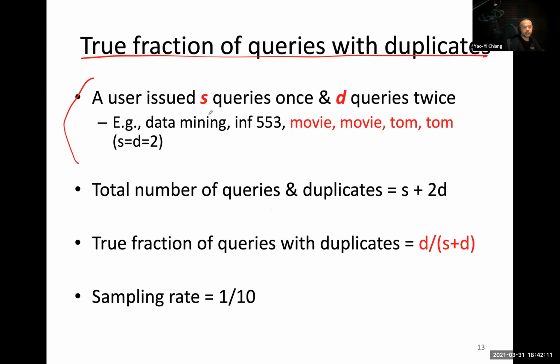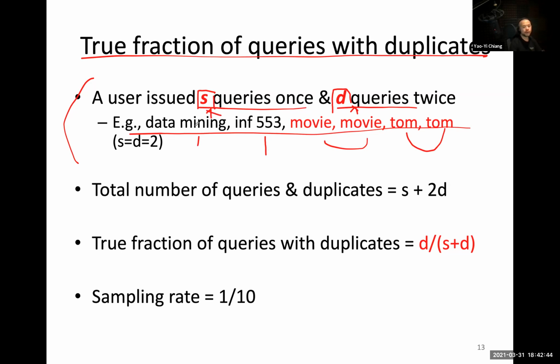Let's say a user issued S queries once and D queries twice. So there are S types of queries and D types of queries. If you look here, the user queries data mining once, INF553 once, movie twice, Tom twice. So Tom and movie are D types of queries, and data mining and INF553 are your S types of queries.